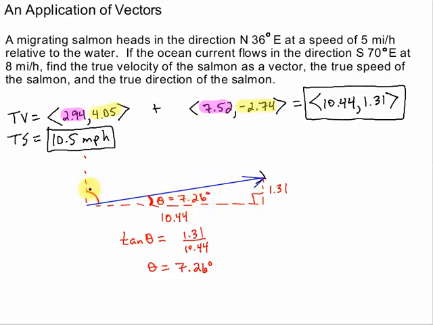This angle would be 90 minus that, which would be 82.74 degrees. So the true direction of the salmon would be north 82.74 degrees east, because it's to the east of north by that much.